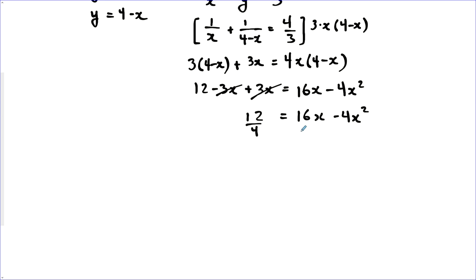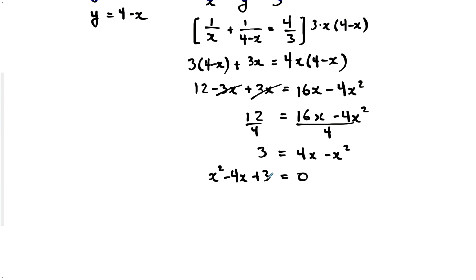Let's get rid of that, just to simplify our numbers. And we have 3 equals 4x minus x squared. Now let's collect all the terms on this side. I like a positive leading coefficient for my x squared. So x squared minus 4x plus 3 equals 0. Just moved all the terms over here.